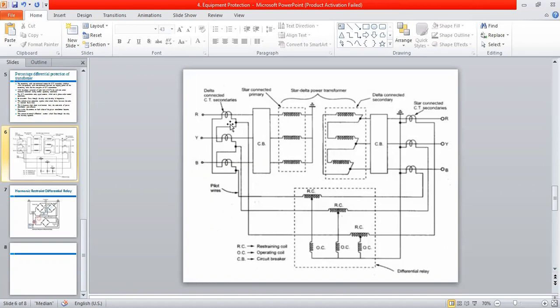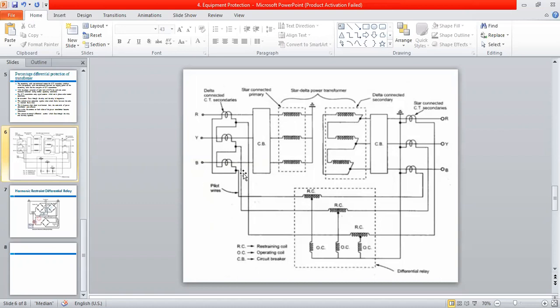And here you can see for the primary, the CTs are connected in delta. One point in between one winding, another point. Likewise it is connected.